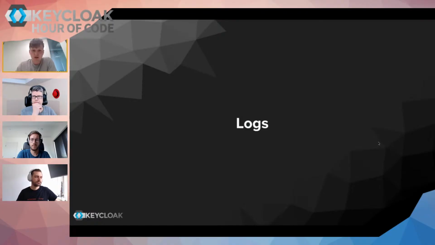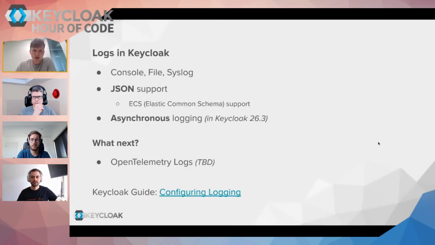I don't think we need to describe it in a high-level manner, but it is essential in service monitoring, as we basically record the activities made in a system, like Keycloak.